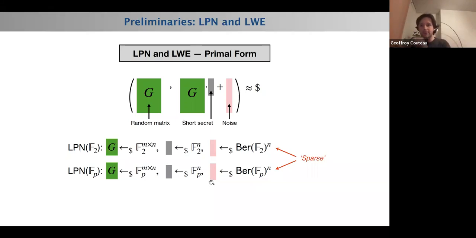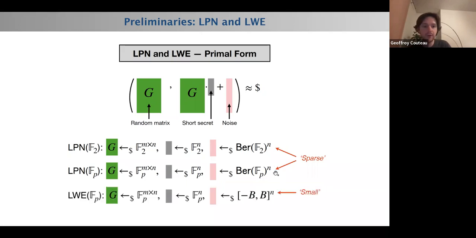So mostly zeros, but a few random field elements here and there. So that's what I'll call LPN, where the noise is sparse, and you recover LWE by setting the noise to have small magnitude instead. I'm here giving the example of picking the noise uniformly between some bounds, but of course, many other distributions are standard.